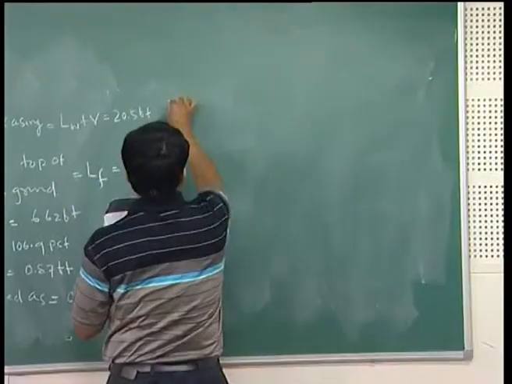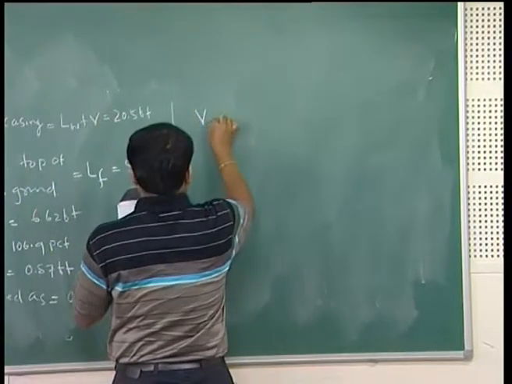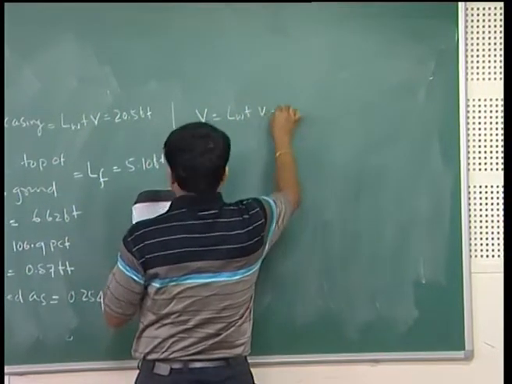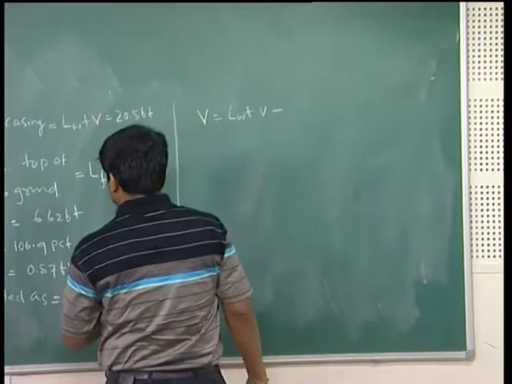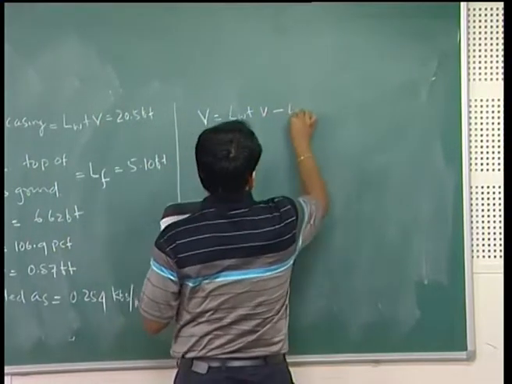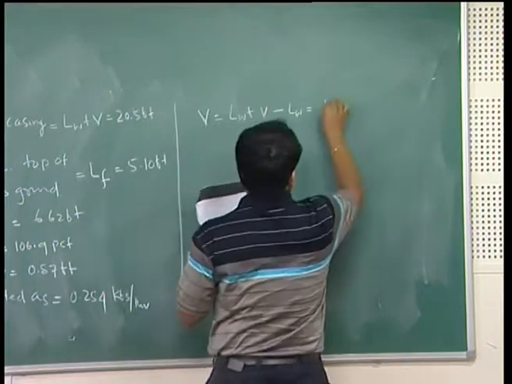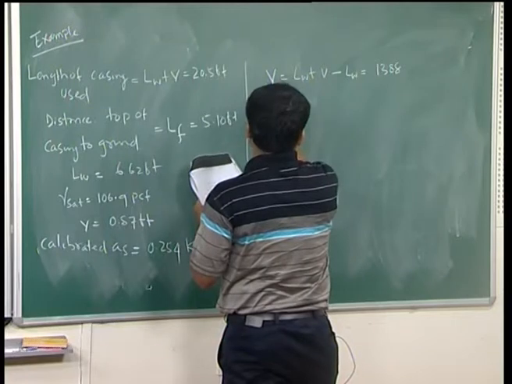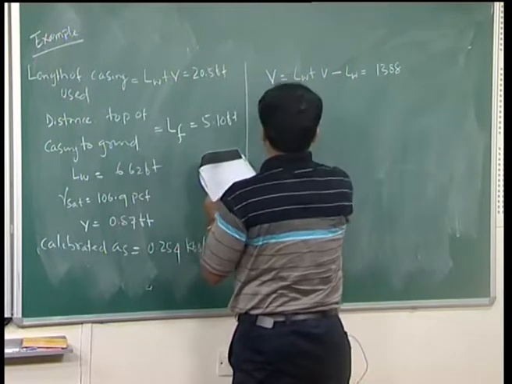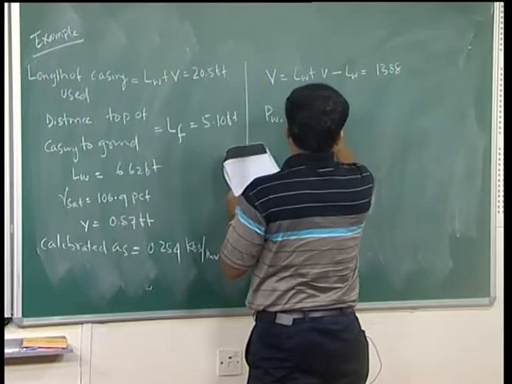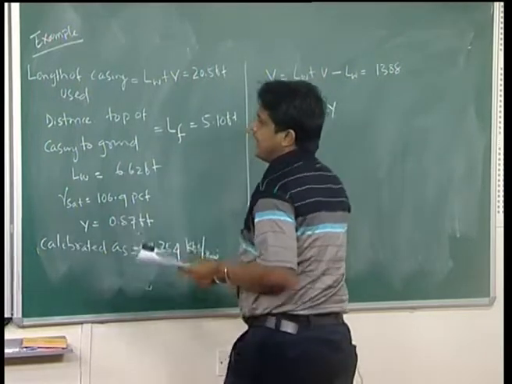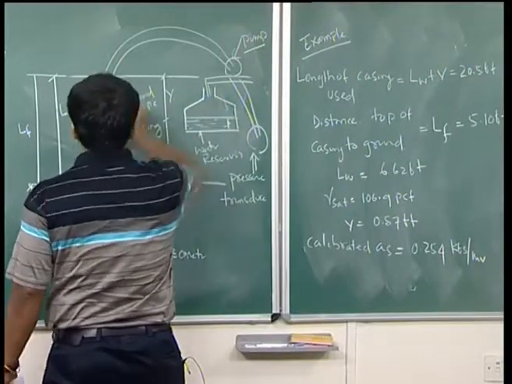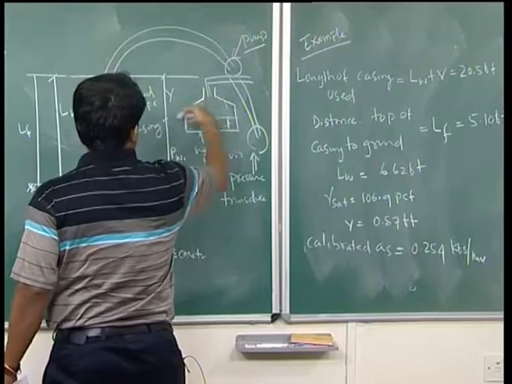Now, with the help of this, V is equal to LW plus B minus LW, which is equal to 13.88. Pressure because of PWI, LW minus Y, pressure generated because of the water reservoir. So, LW minus Y, this height water reservoir is there.